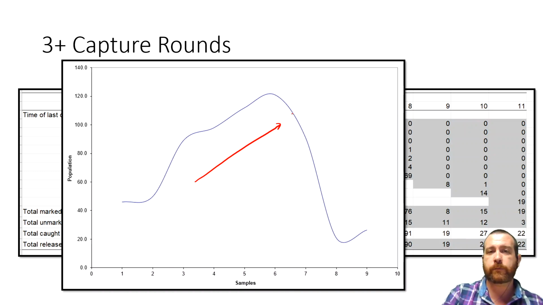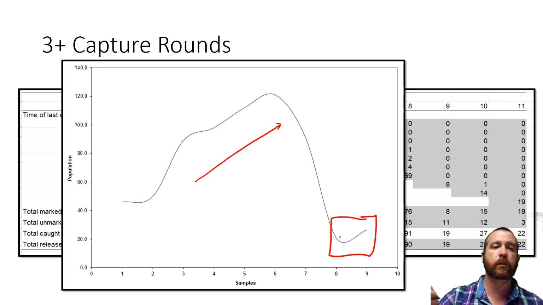The more rounds that we go through, the more reasonable an estimate of population size we get, because now we have a larger sample set of capture records that we can compare over time.